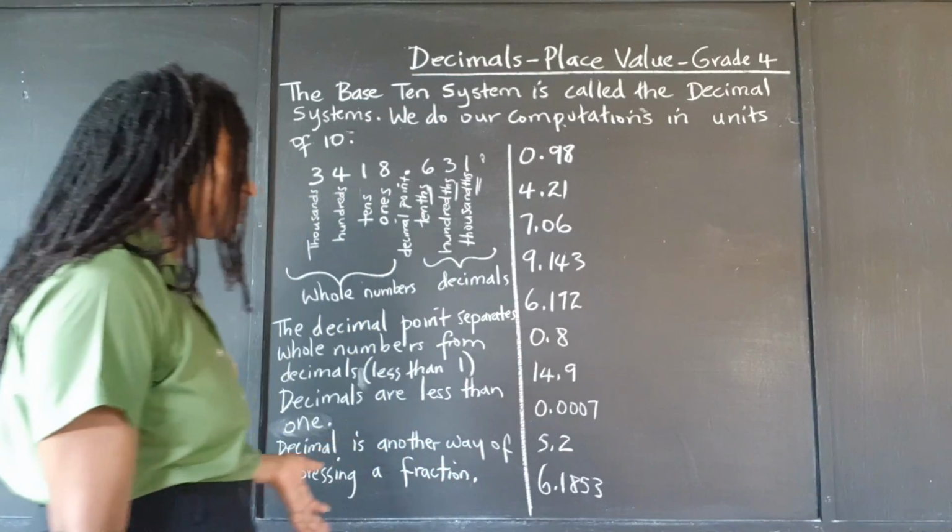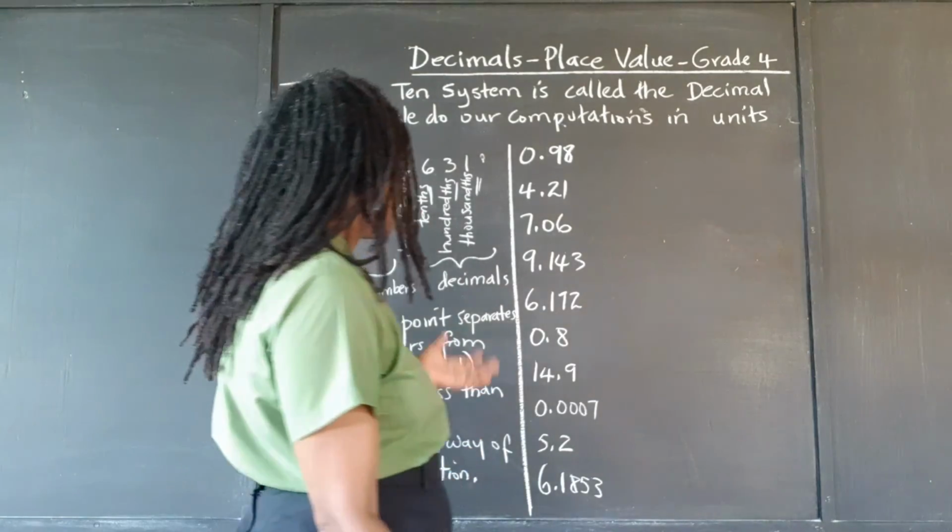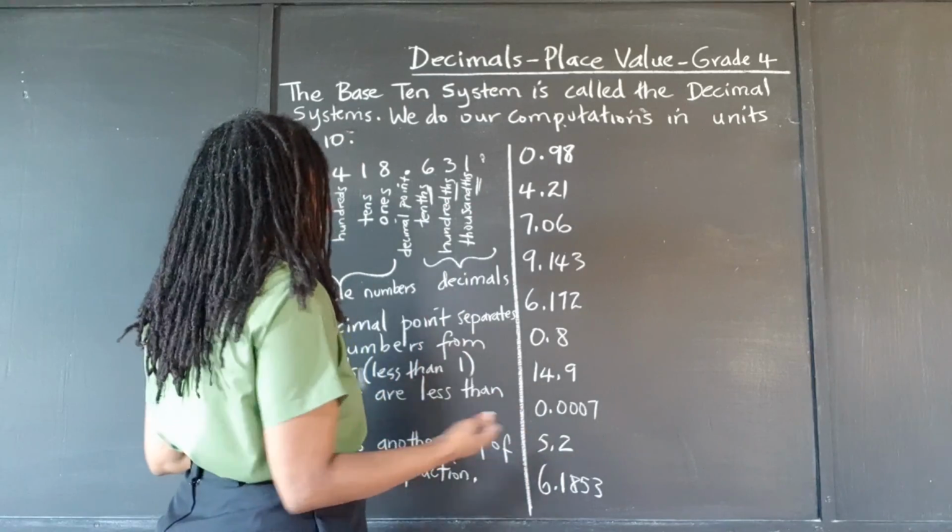Let's just write these in words. So how would we call this? How would we read this decimal?